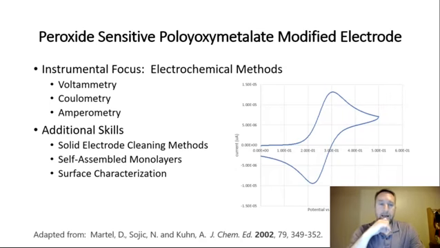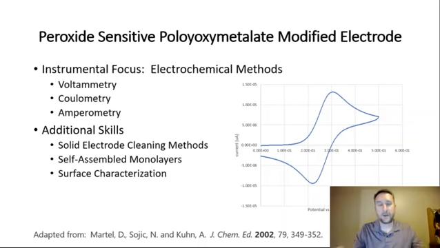We recently, because we're getting now towards the end of the term, where this sequence of experiments is ongoing because we're still wrapping up the term, had students create an electrode in their electrochemistry section that was sensitive to peroxide. The way that we do this is to use phosphomolybdate and modify a glassy carbon electrode to create a polyoxometallate modified electrode.